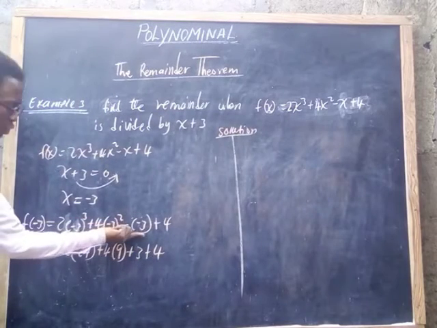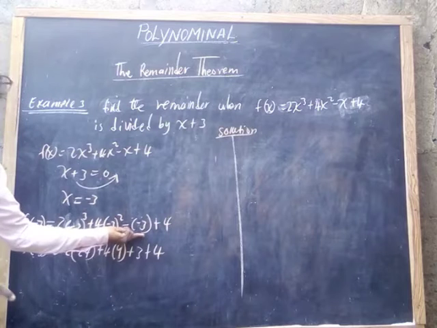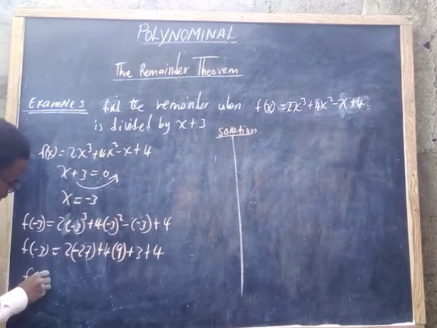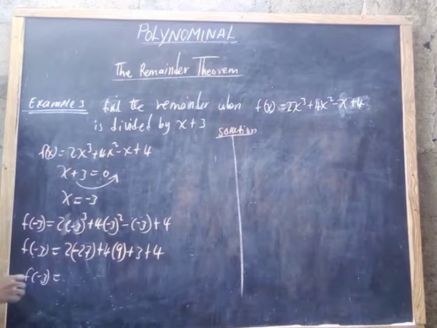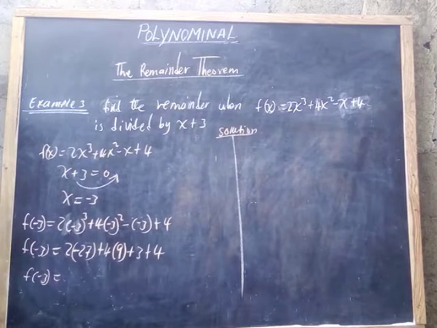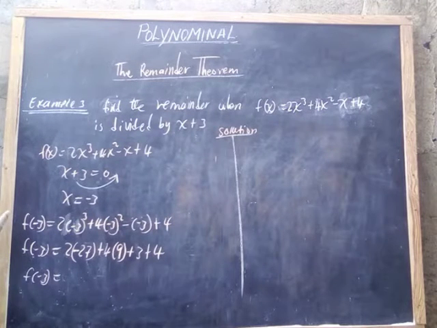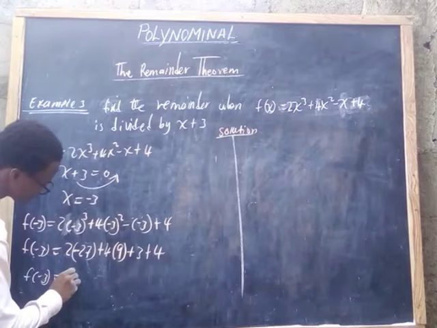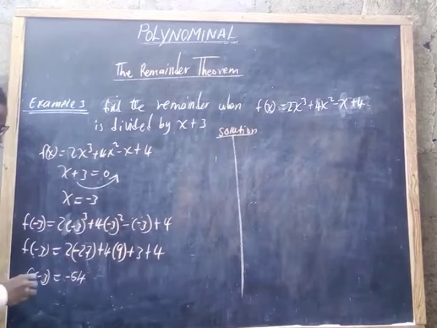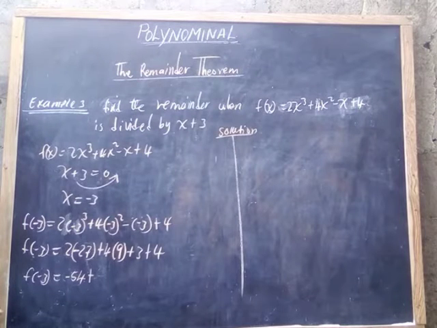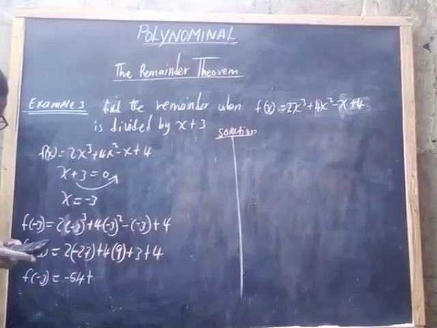Here we substitute. Anytime you are substituting, always learn to put it in brackets, right? So say f of minus 3 is equals to what? 2 times minus 27 will give us minus 54, right? Plus 9 times 4.